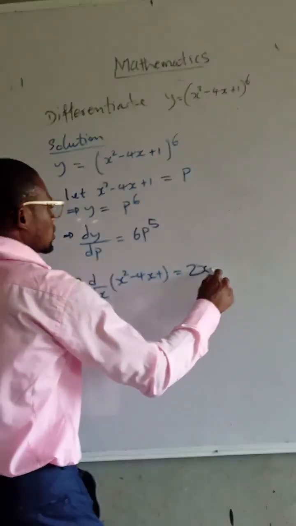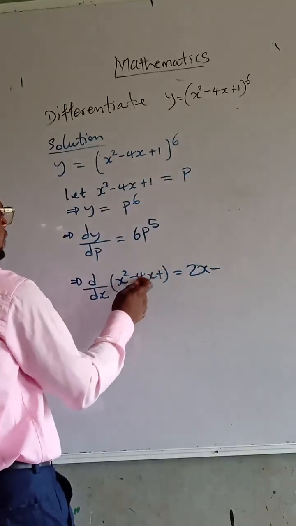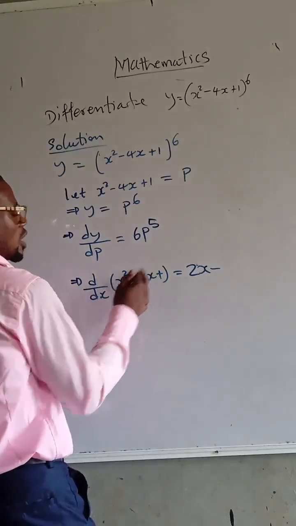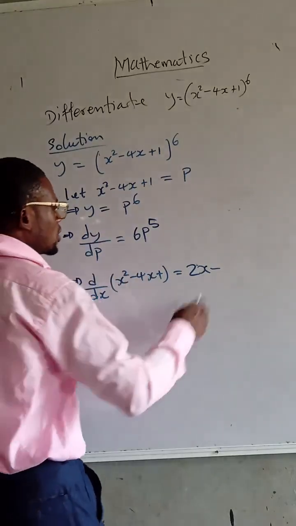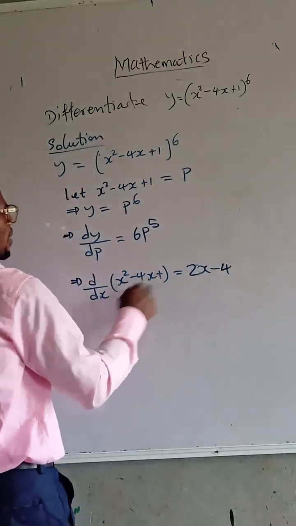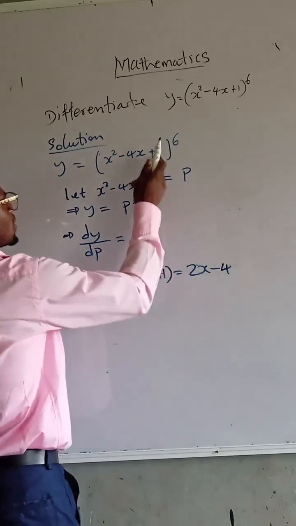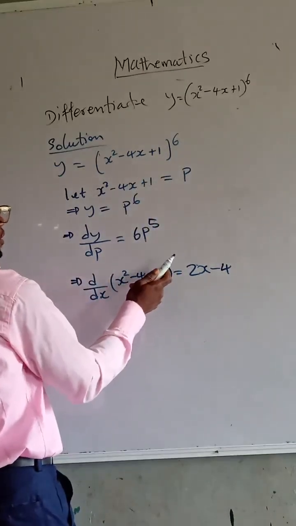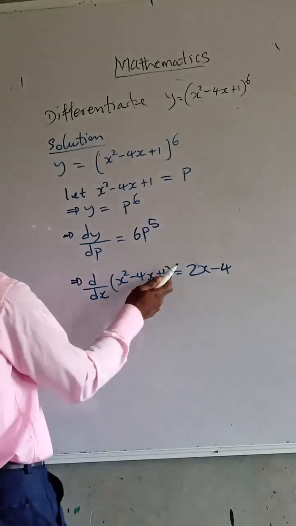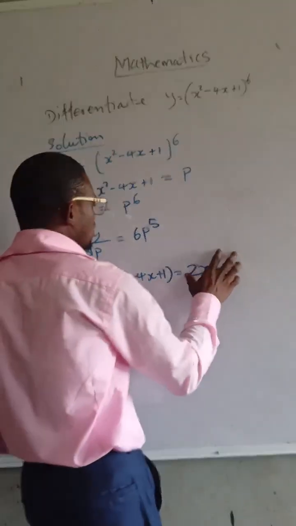The next one: 1 times minus 4, and 1 minus 1 is 0, and anything to the power 0 is 1, so I have minus 4. Now what about our 1? The derivative of 1 is 0, so we leave it like this: 2s − 4.